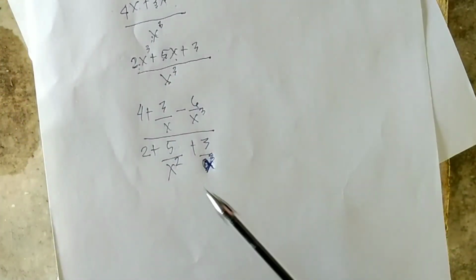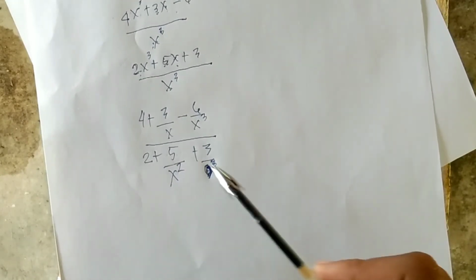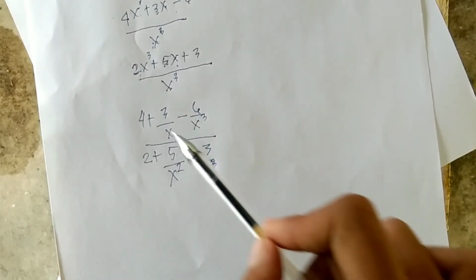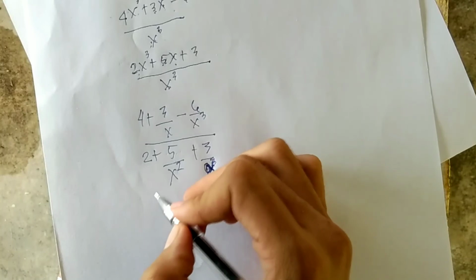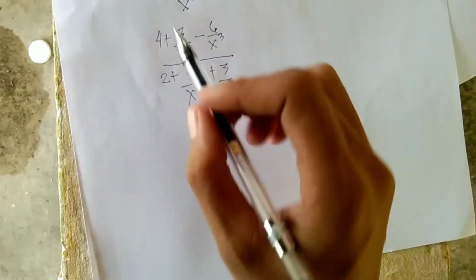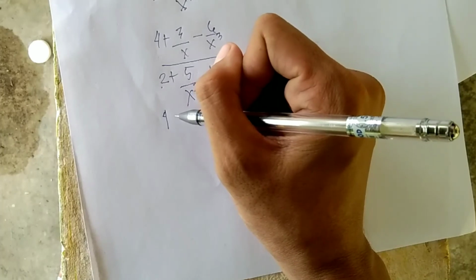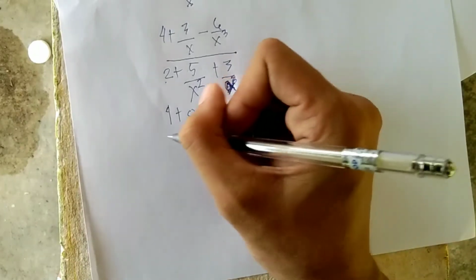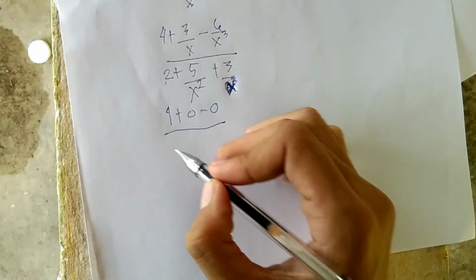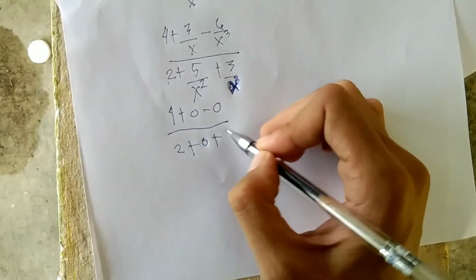So this 5 all over x squared becomes 0. Same here, every term with x becomes 0. So what remains are the 4 and the 2. So it becomes 4 plus 0 minus 0 all over 2 plus 0 plus 0.